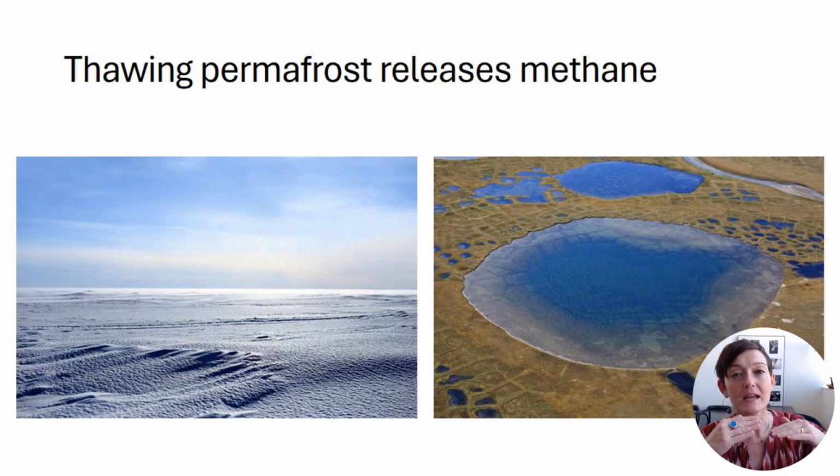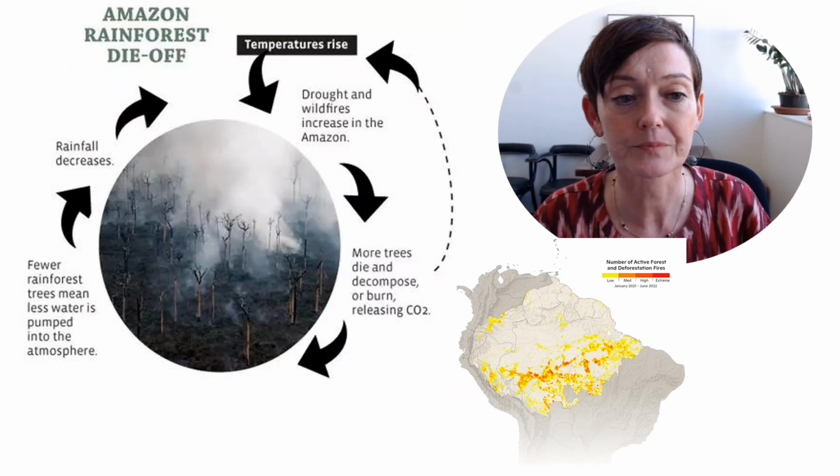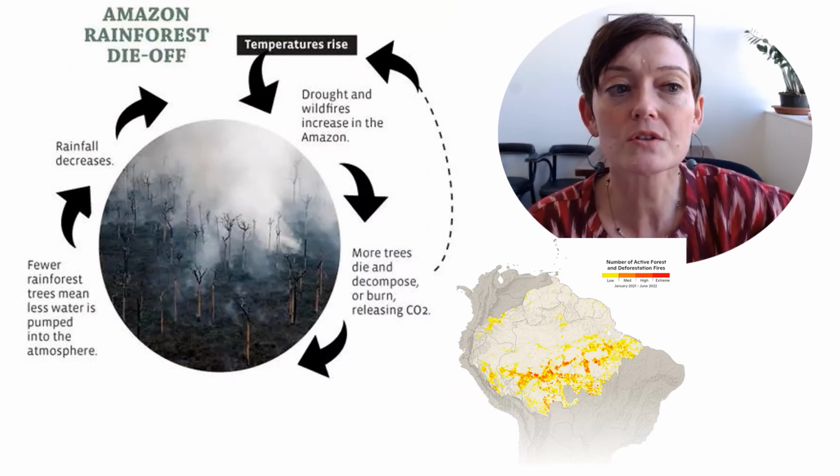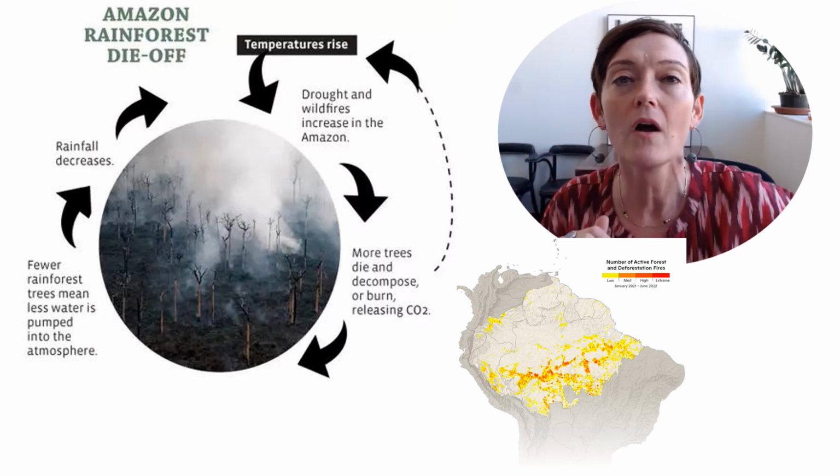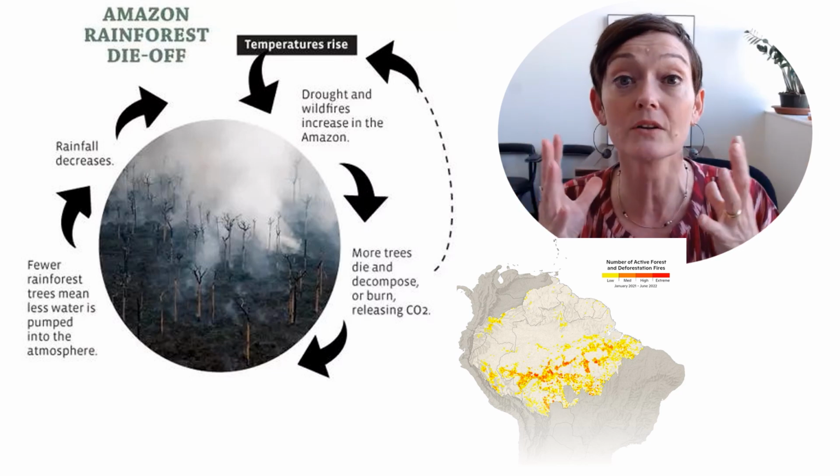So when we get to a point where we push the earth past its normal limits, the earth itself starts to contribute to climate change. This is true also of rainforests, which are a major part of the carbon cycle, particularly the Amazon forest.